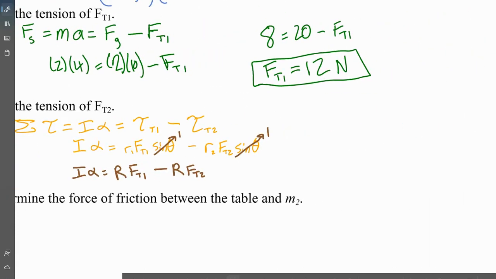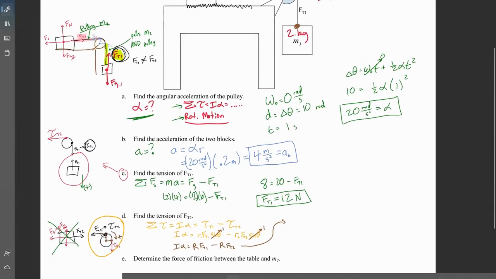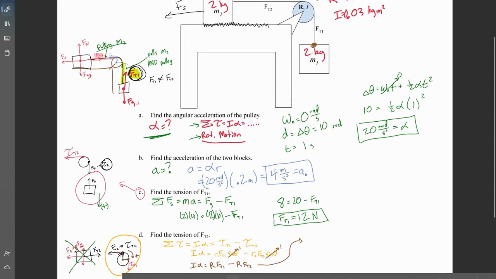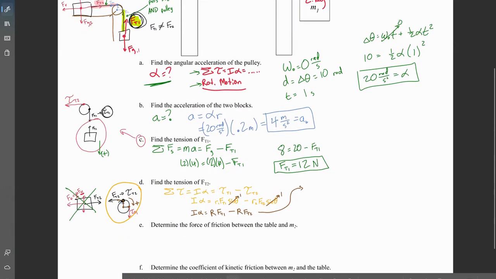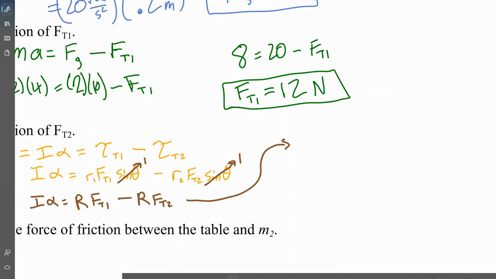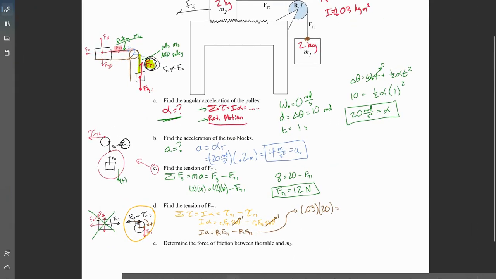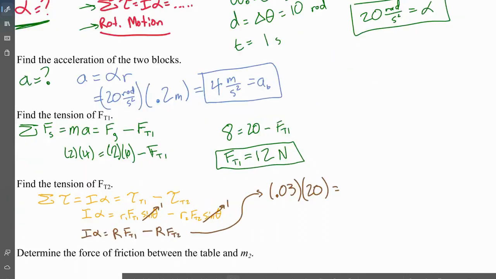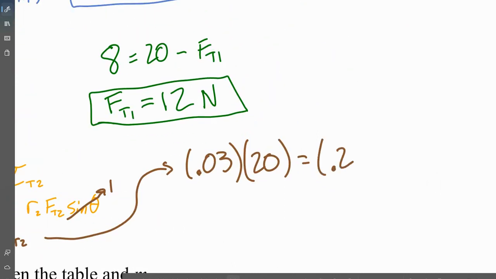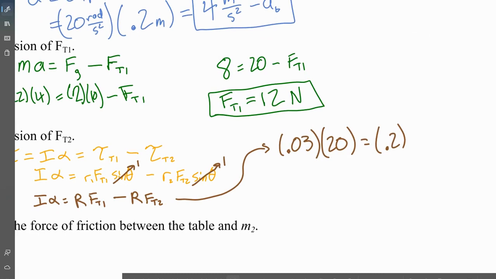Okay, so now we can plug some stuff in. Well, I have to look up higher on the page. We get 0.03 kilogram meter squared. Alpha we had was 20, equals, okay, radius. Radius we have 0.2, times FT1.